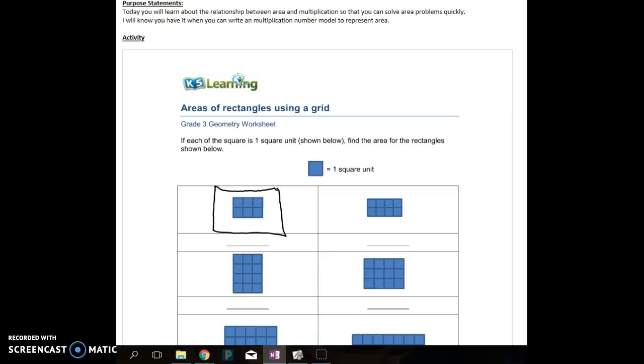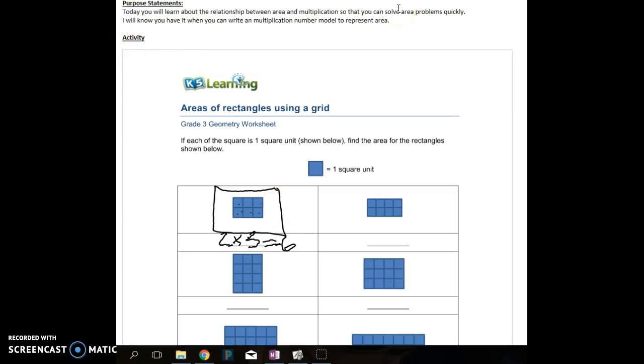It is a 2 by 3 array. I know that I can write arrays as 2 by 3. That's a 2 by 3 array, and 2 times 3 equals 6. There are 6 squares in that area.